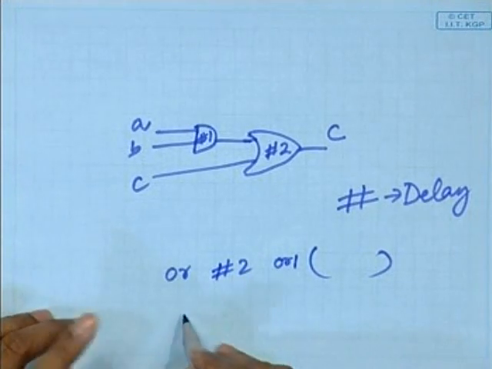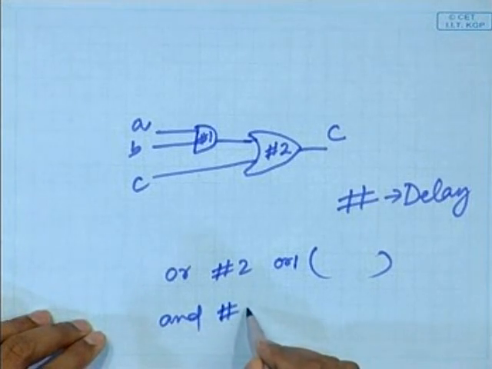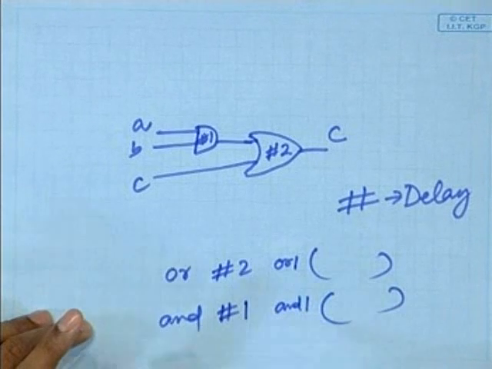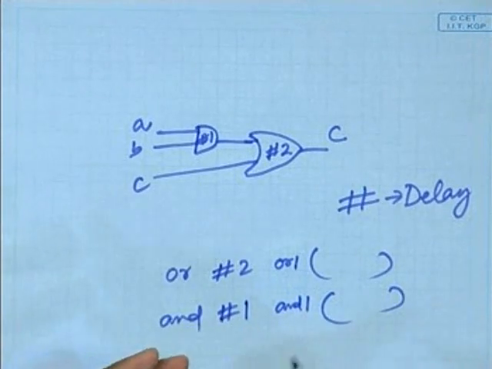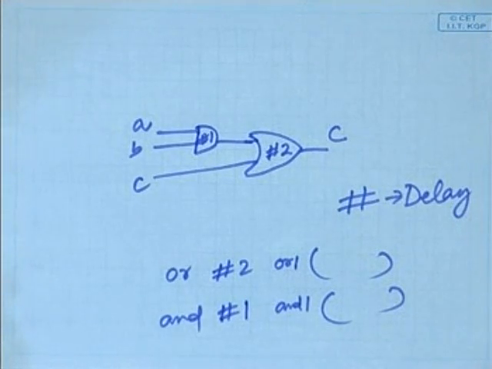Similarly, for the AND gate you give delay unit 1 and instance name, say AND1, and do the port connections. This way you can get your designs with delay units. But if you approach it the other way, this is the zero delay model. There is no delay assigned to it.